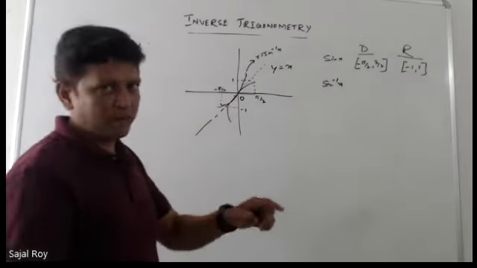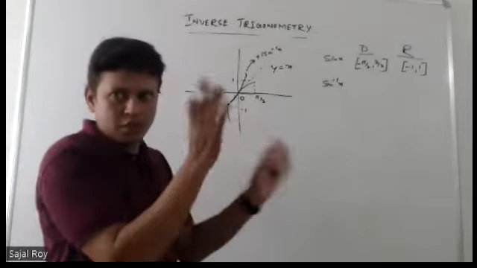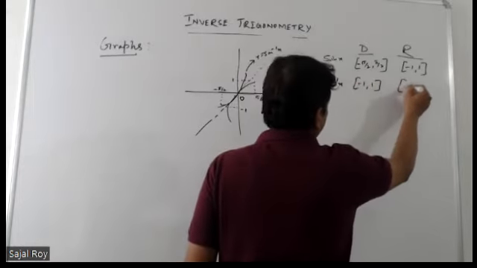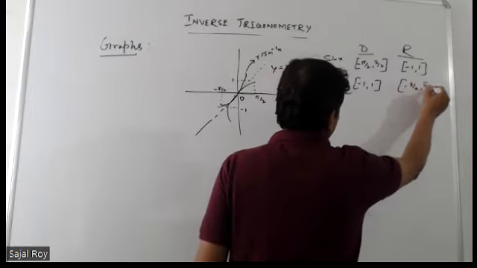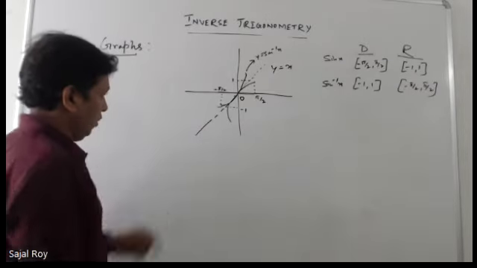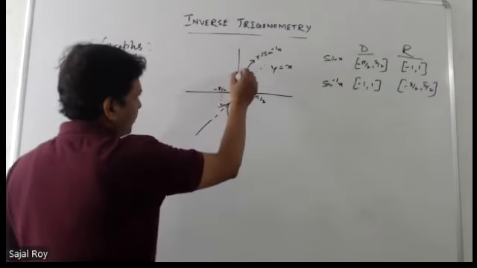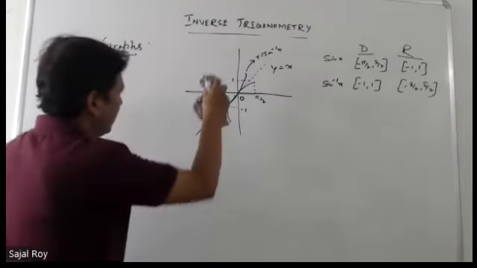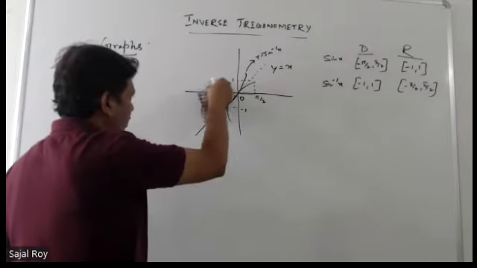Now, what is the domain of sin inverse x? It will just switch: minus 1 to 1. And this is minus pi by 2. Look at that, your domain now is this portion. Let me remove this portion.